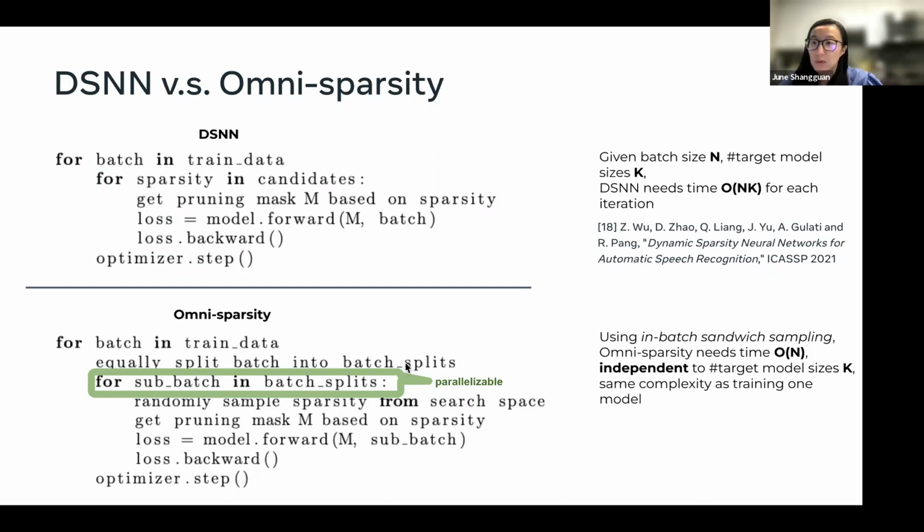We split the batch into smaller mini batches. For each mini batch, you randomly sample a sparsity from the search space, and you train the forward function. And the number of model samples is the same as the number of mini batches we split. So that means you are always training with the same amount of data and the same amount of training GPU time.